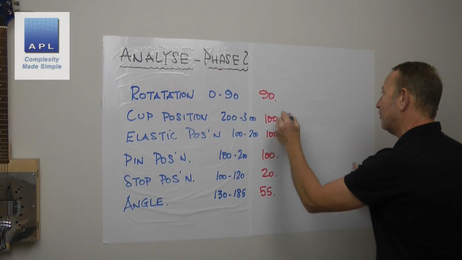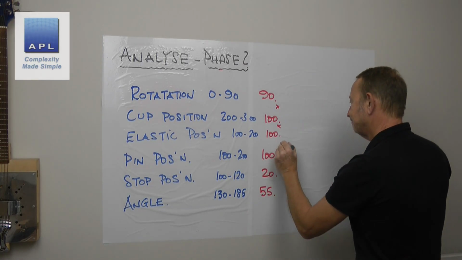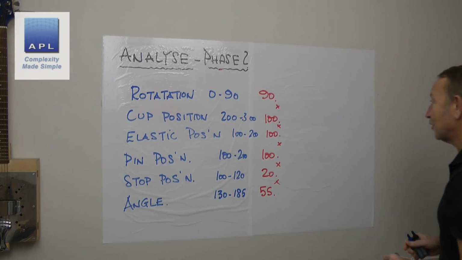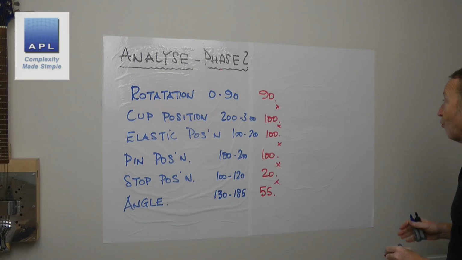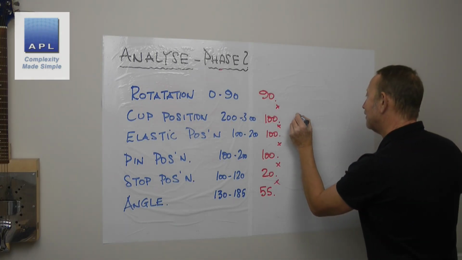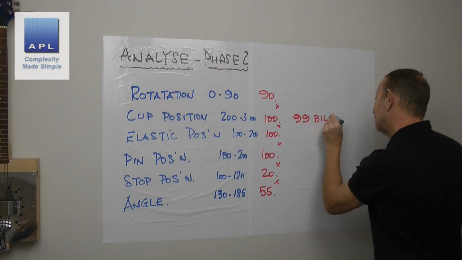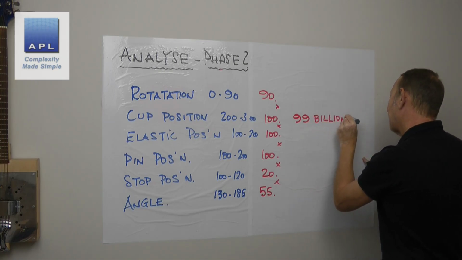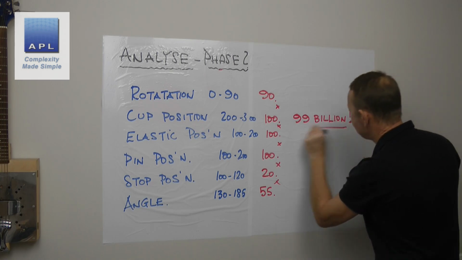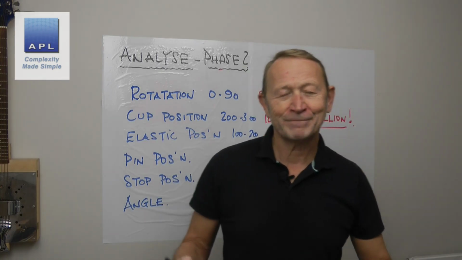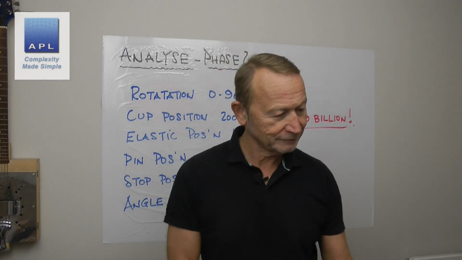Let's multiply them up. If you multiply these together to create the number of combinations in your system, what are we going to get? We are going to get 99 billion choices.